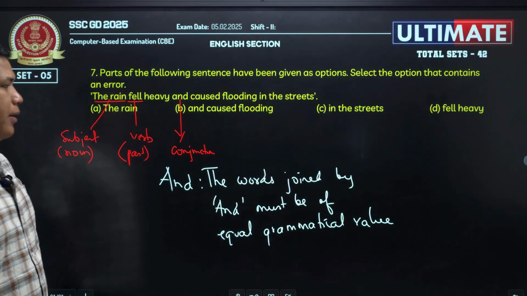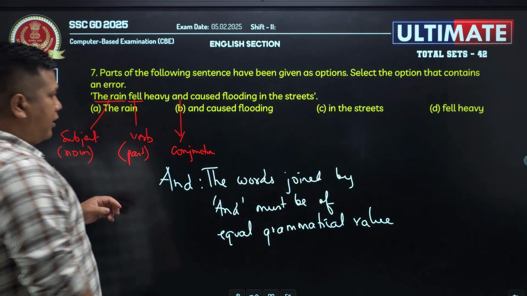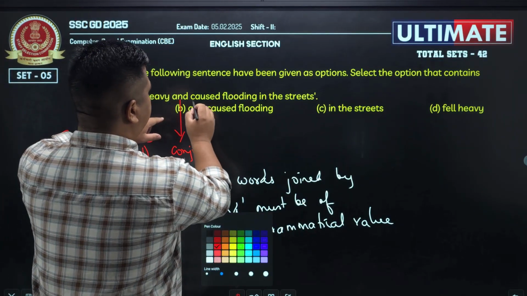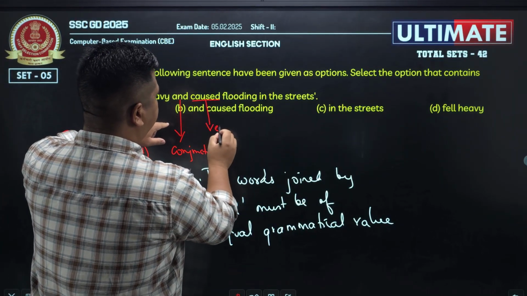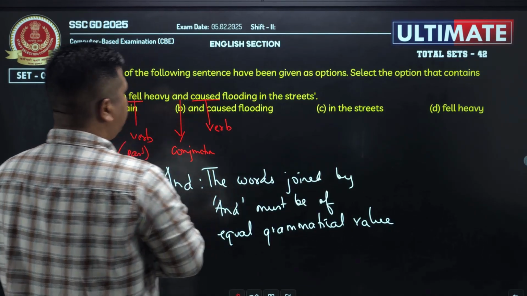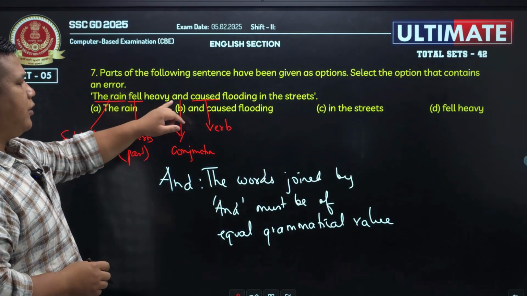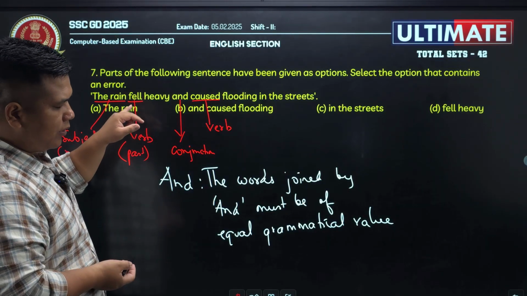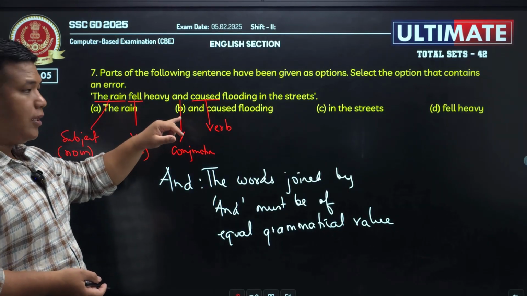So here, after the word and, caused, a verb has come. And the rule says whenever two things are joined by and, they must be of the same value, same degree, same tense.